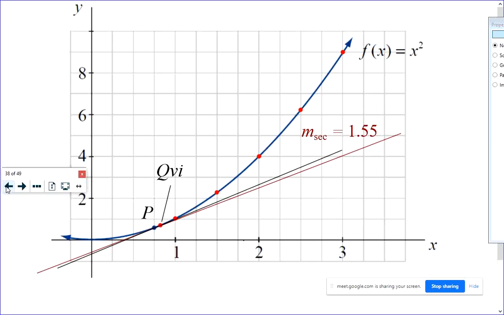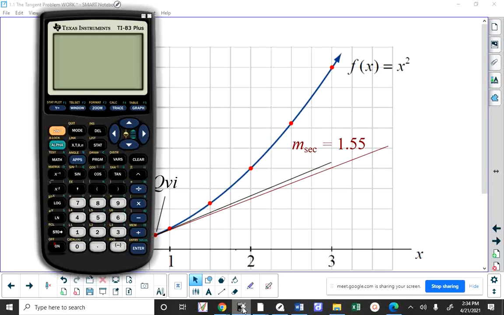We could certainly not draw it, but I can go to my calculator and put in 0.76, which is really, really close to 0.75. I don't want it to be lost on you. When I put in 0.76, I'm choosing Q to be incredibly close to P, and the slope of the secant then would be incredibly close to the slope of the tangent.